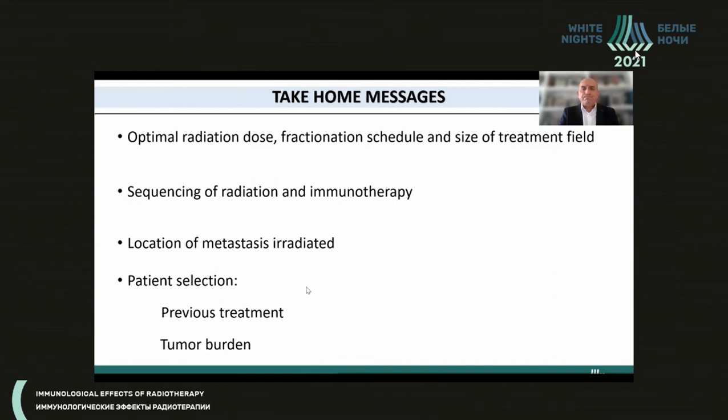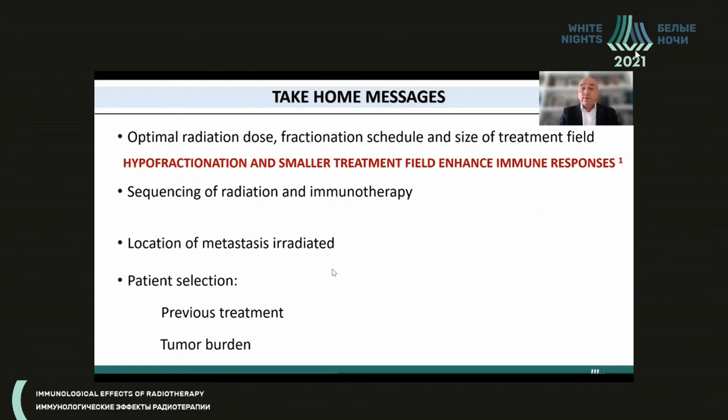But it is clear that we have to continue doing clinical research in this area because we still don't know exactly which irradiation dose or fraction schedules are better in order to provoke an optimal immune response.